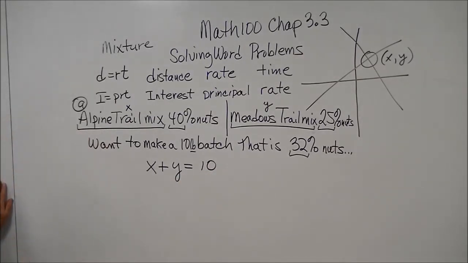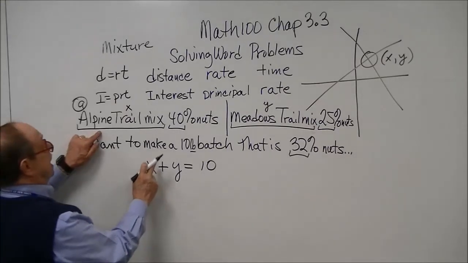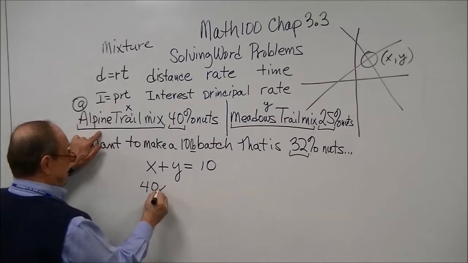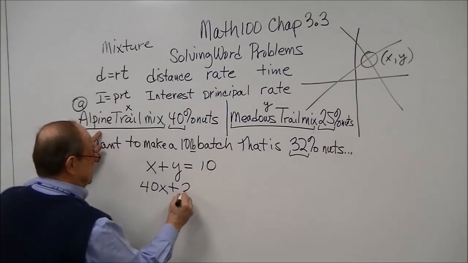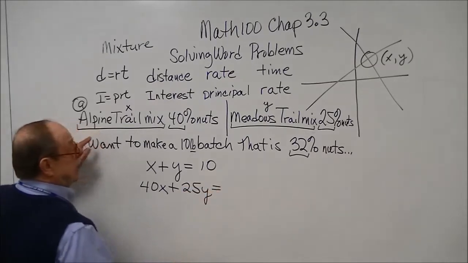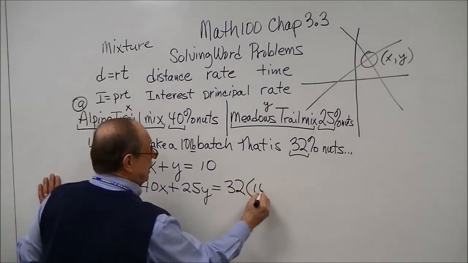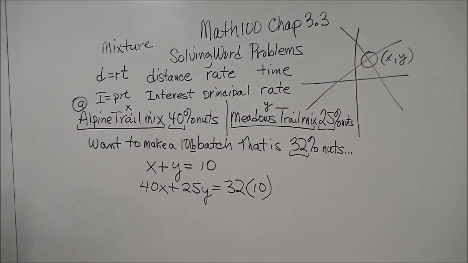And then it's just like the previous one. The alpine is 40%, and we don't have to put decimals if we don't want to. And the meadows is 25%. And we're going to end up with a 32% of 10 pounds. So it's very much like the previous example for a mixture.